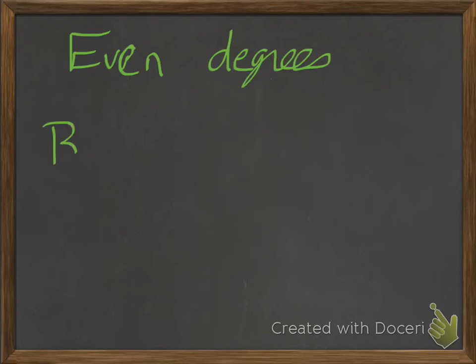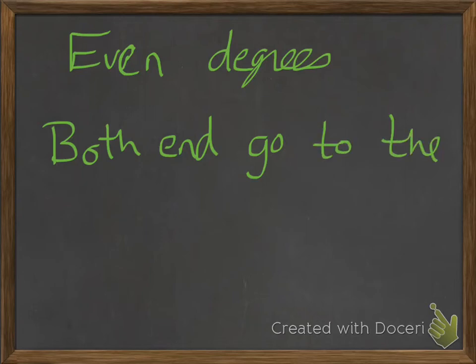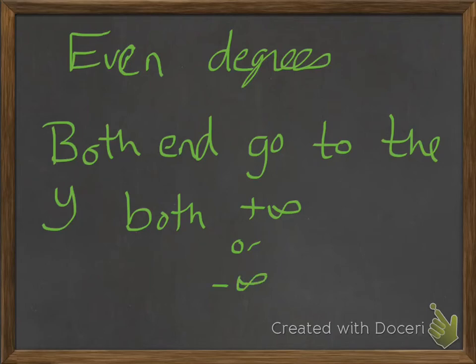Both ends go the same y direction, so both positive infinity or both negative infinity. So they're both going to go to positive infinity, or they're both going to go to negative infinity.